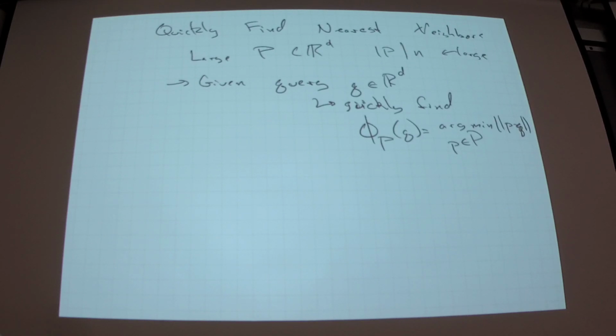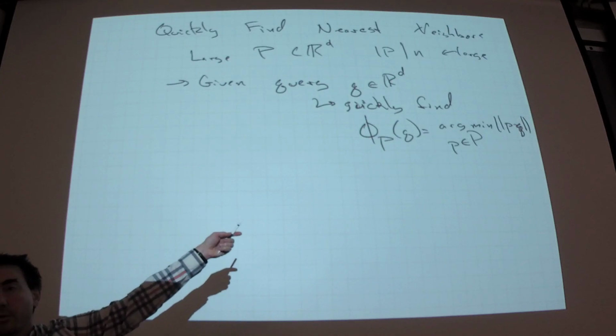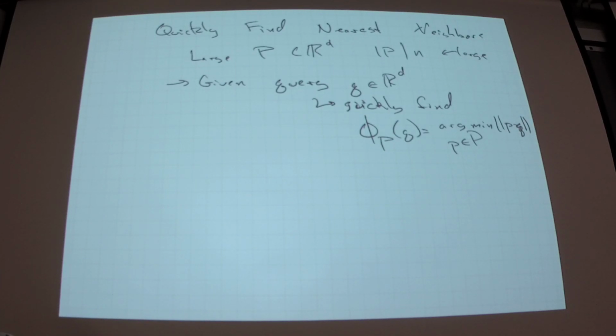Sometimes you want to find the k nearest neighbors, and once you have the k nearest neighbors and you know some label or features with them, you can predict the label on the query point Q. This is called a k nearest neighbor classifier.